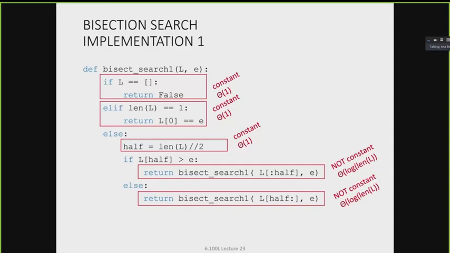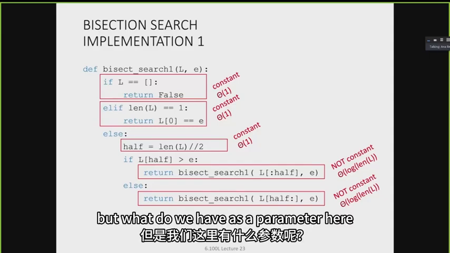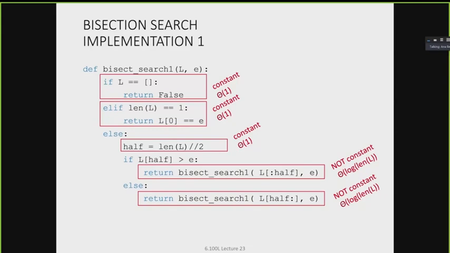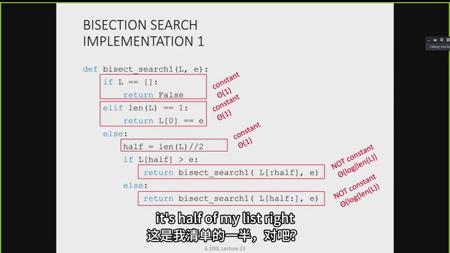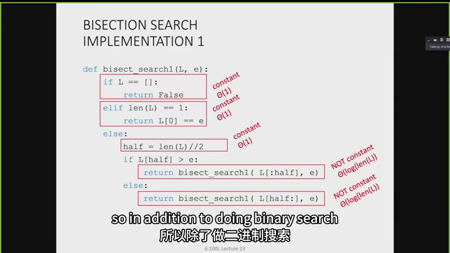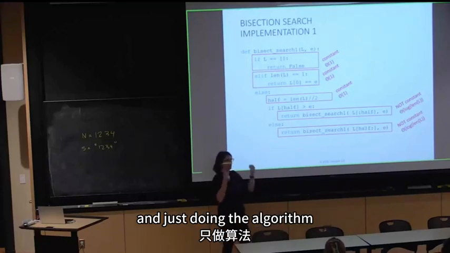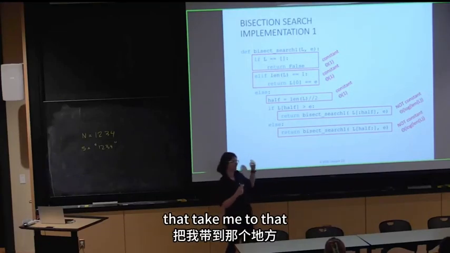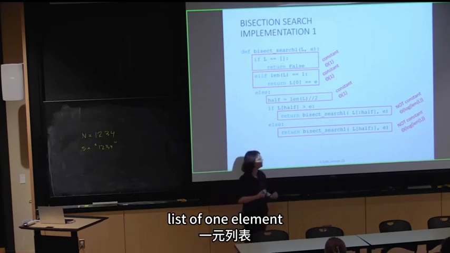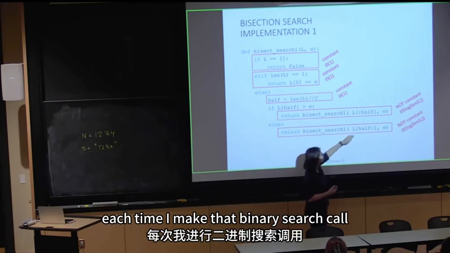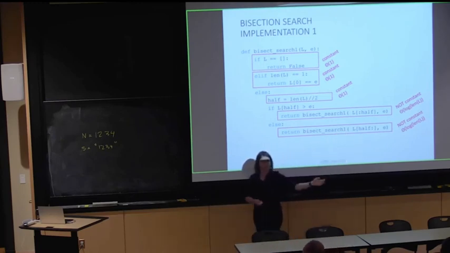Now, that's fine, but what do we have as a parameter here? It's half of my list. So in addition to doing bisection search and just doing the algorithm, having a bunch of bisection search calls that take me to that list of one element, on top of that, each time I make that bisection search call, I'm copying my list.